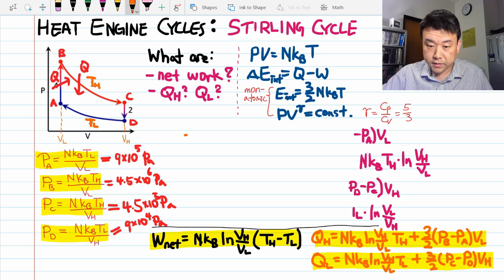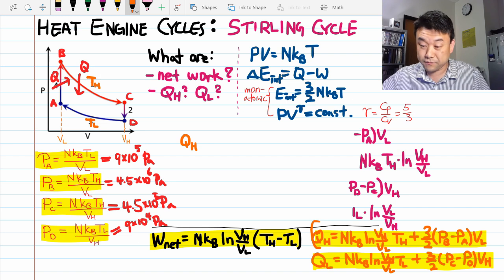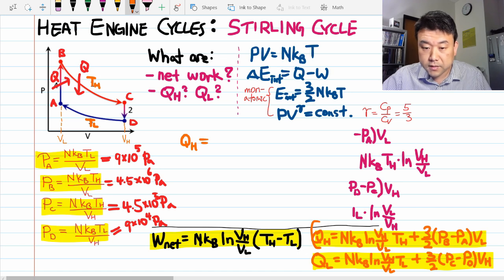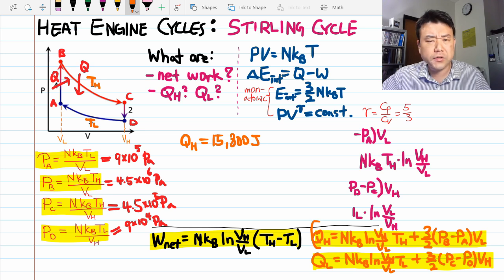So let's write down the heat flow first. I'm using this complicated expression here, but I do know all the numbers, so it's a matter of putting them into my calculator. And the result is 15,800 joules. That seems larger than before. Let's keep going.